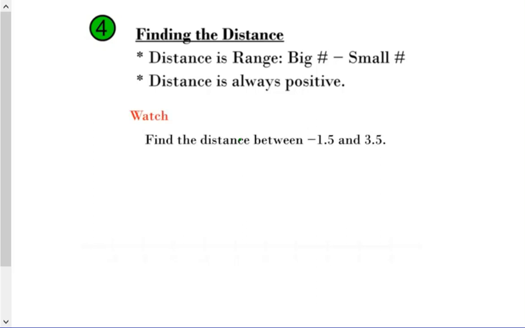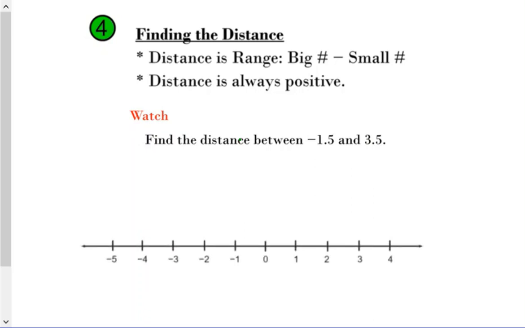So I'm going to find the distance between negative 1.5 and 3.5, and one way that is very helpful to find the distance between two numbers is to use a number line. So I'm going to use a number line here, and 3.5 is going to be over this way here. 3.5, a positive 3.5, and then negative 1.5 is going to be right here.